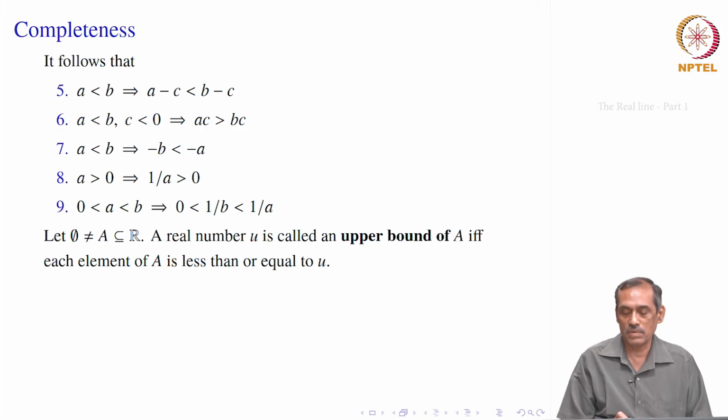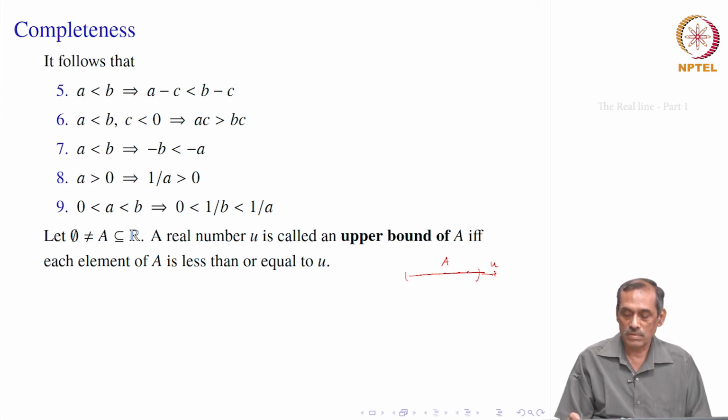So, a real number u is called an upper bound of this set A if each element of A is less than or equal to u. So, that means something like if your A is somewhere here, then this can be u.